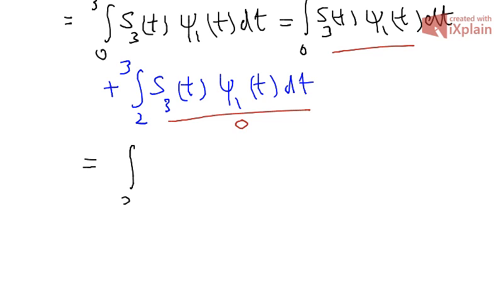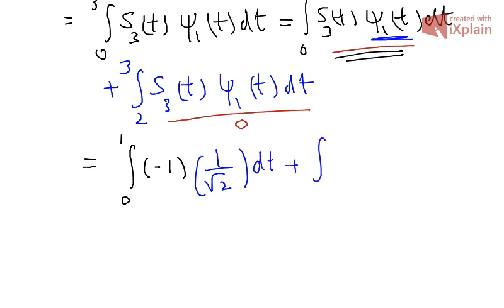From 0 to 2, we are solving this integral with S3 of t. But if you closely observe your signal S3, from 0 to 1 it is -1, and our psi 1 of t is 1 over under root 2, dt.